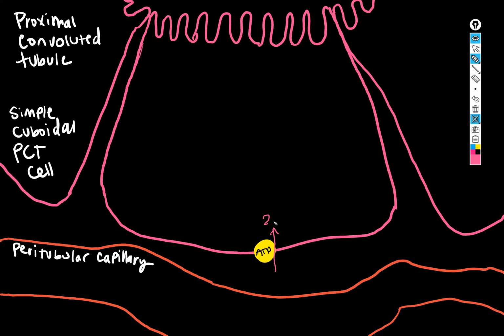So every time it spends an ATP, it's going to move two potassium in, and we're going to move 3 sodium out.